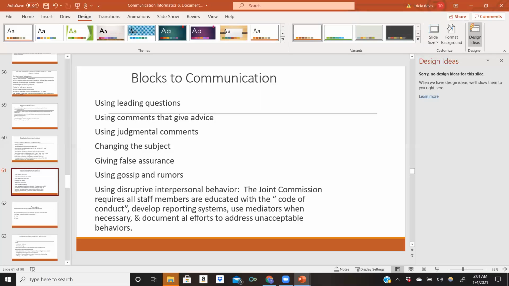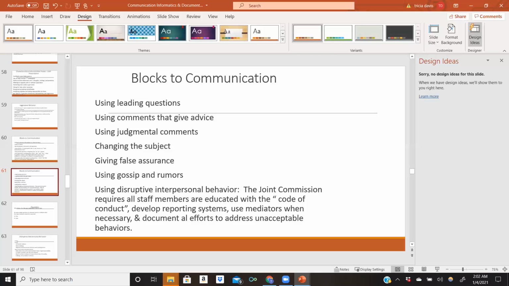And you want to avoid disruptive interpersonal behavior and communication. So any type of disruptive behavior has a negative effect on clinical outcomes and those interpersonal relationships that you are trying to build. Adverse events can occur when communication between healthcare professionals is not effective, if it's abusive, or if it's negative, because then the most important thing that brings that patient and the nurse and the healthcare team together is that common goal of providing the best patient care.